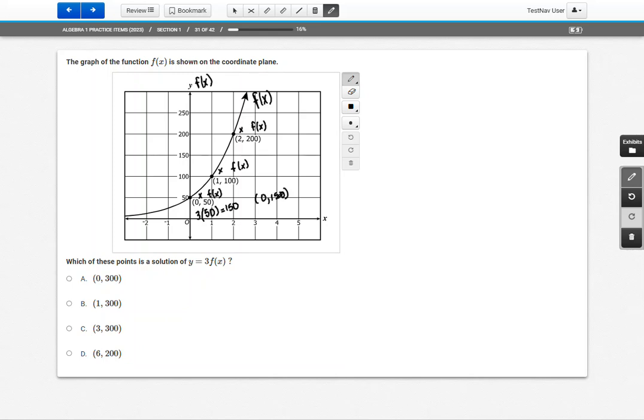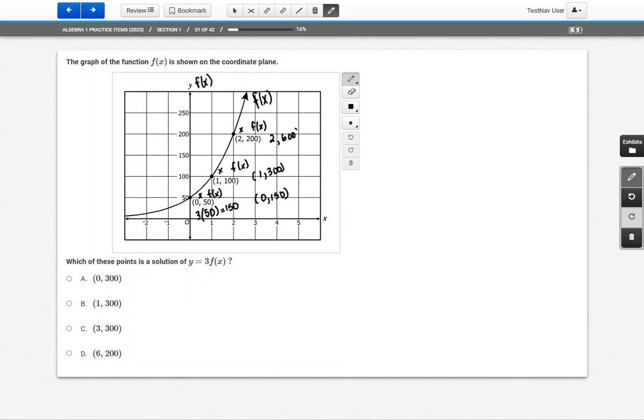I'm not going to graph it, but that's one of my points. The same thing here, for the other point, 1 would be 100 times 3, which is 300. For this one, 2 would go to 200 times 3, which is 600.